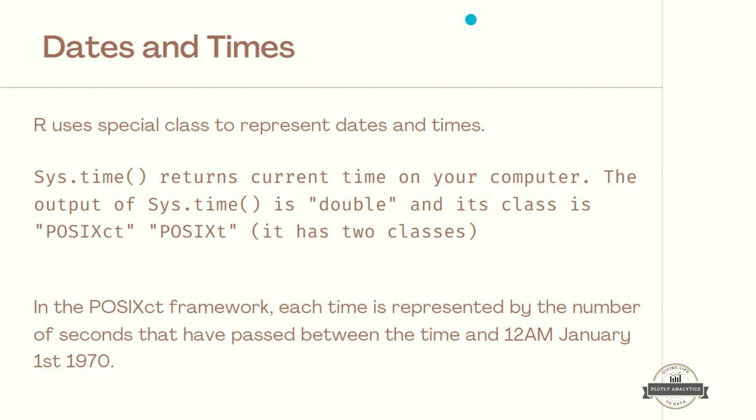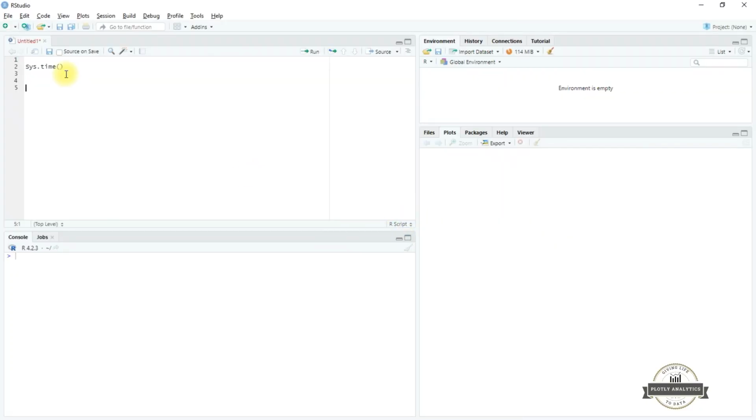To see how you can use dates and times, you just have to type Sys.time, and if I run this, R will give me the current date and current time.